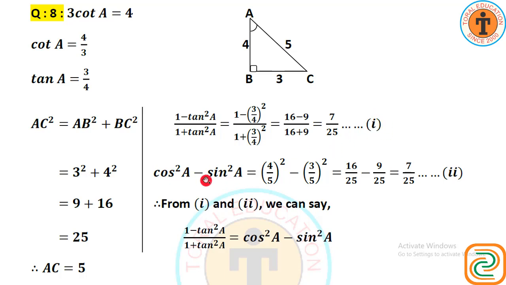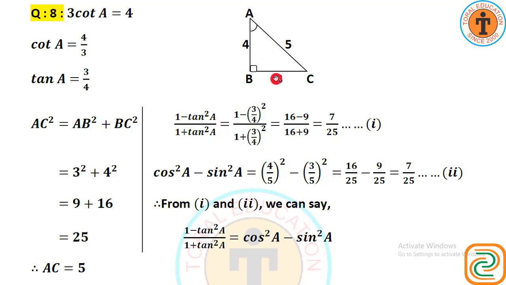And cos square A minus sin square A equals (4 upon 5) whole square minus (3 upon 5) whole square. Look here, cos A means adjacent side of angle A upon hypotenuse, 4 upon 5.